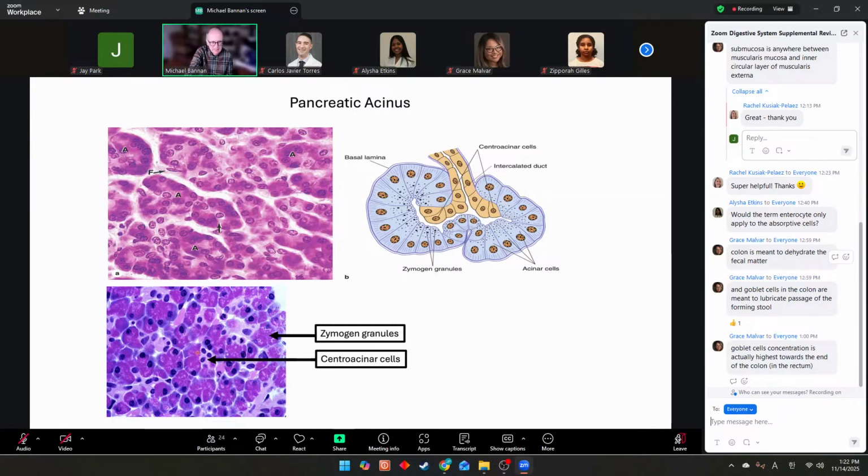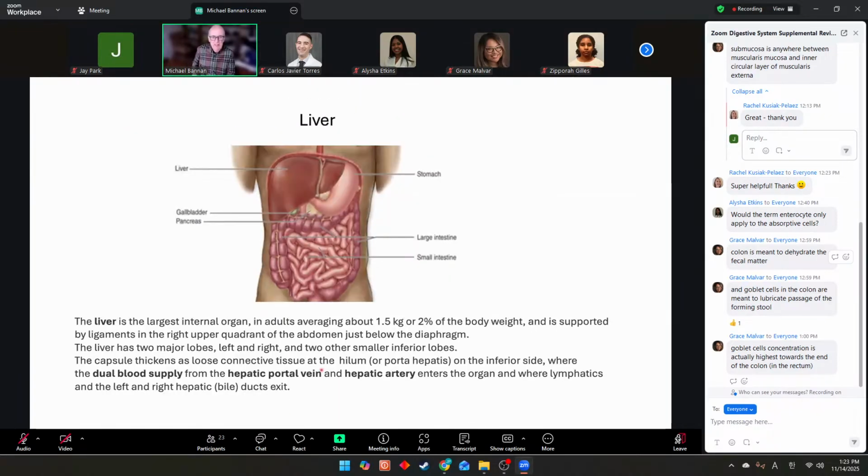The zymogen granules in the apical part of the acinar cell are stained nicely red, and the basal part of the cell, rich in rough endoplasmic reticulum, is taking up the hematoxylin and is staining blue. Okay? So that's how we get the central acinar cell in the center of the pancreatic acini. Okay, any question about the pancreas?